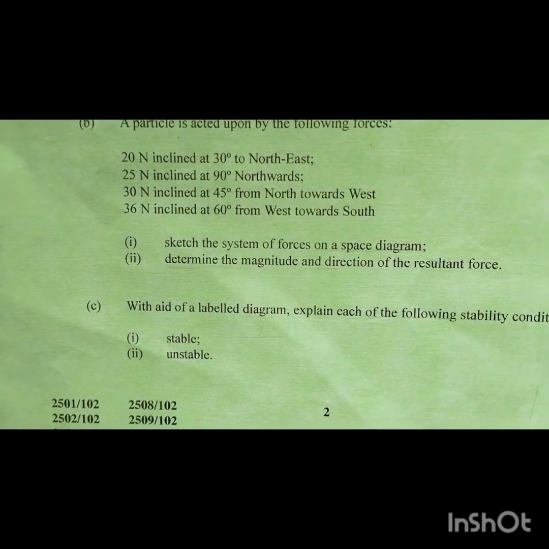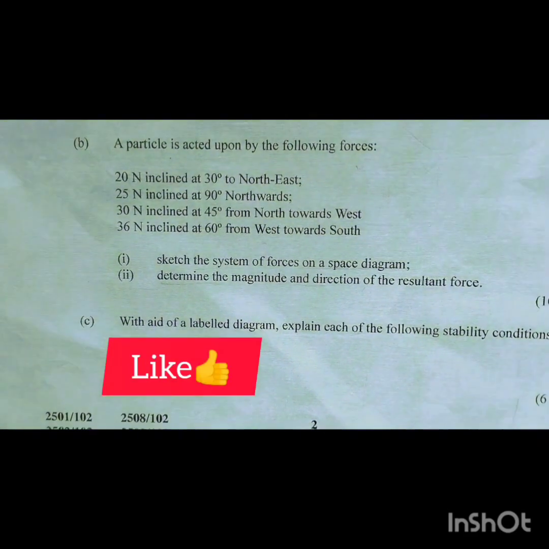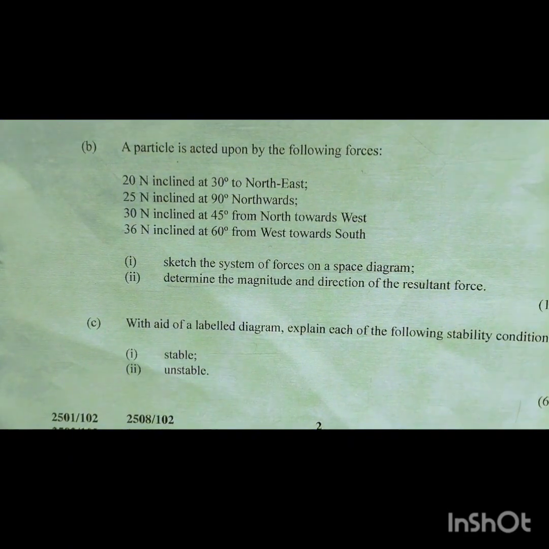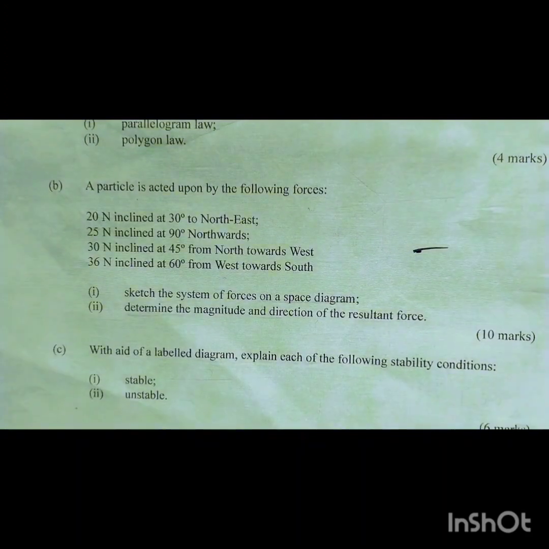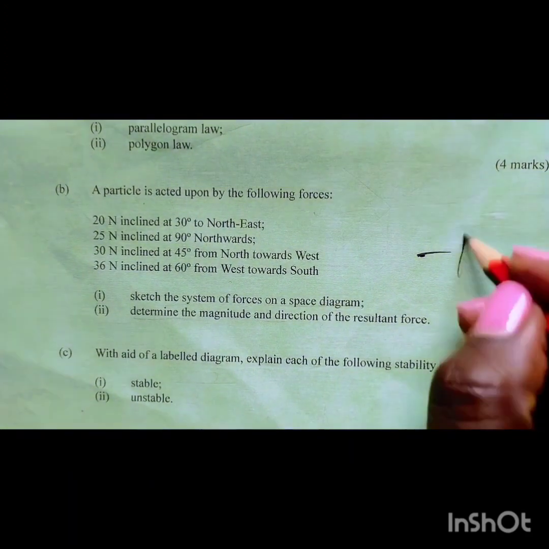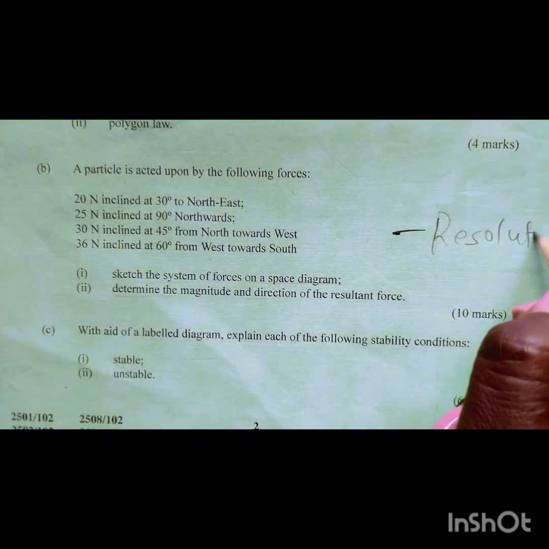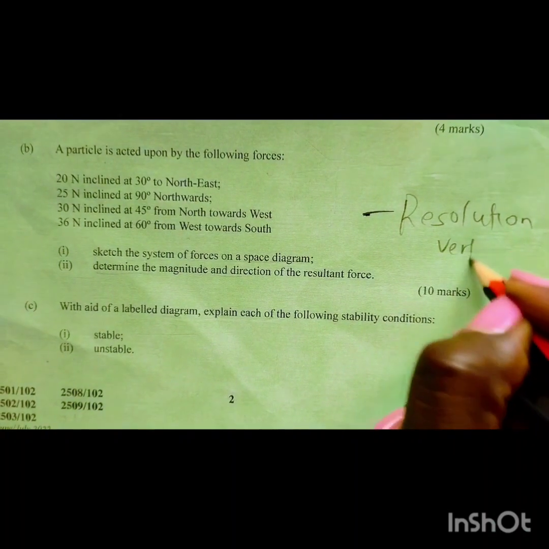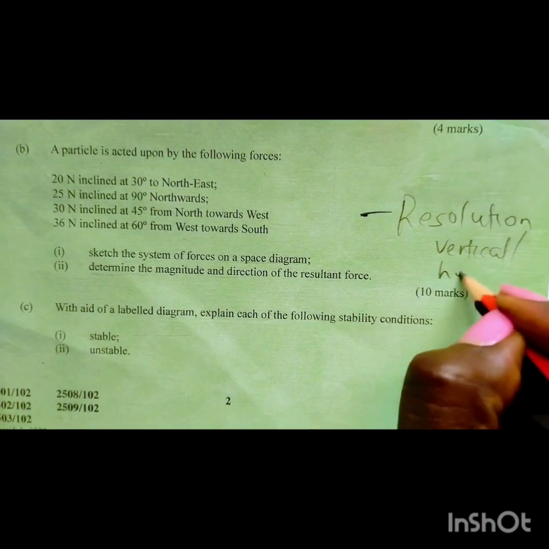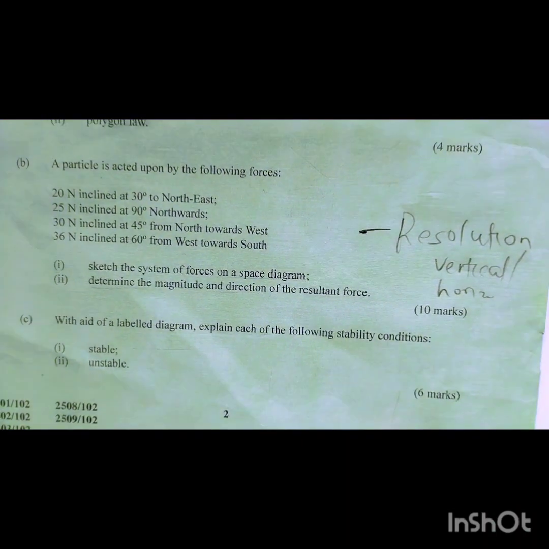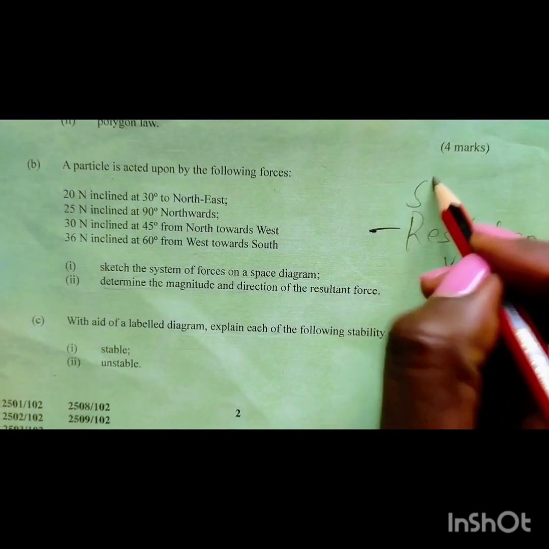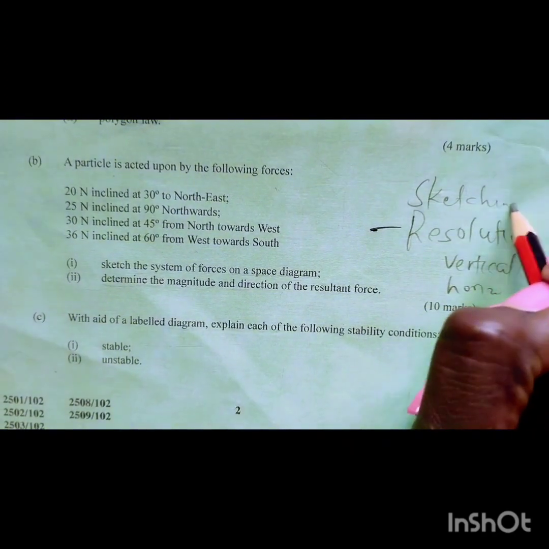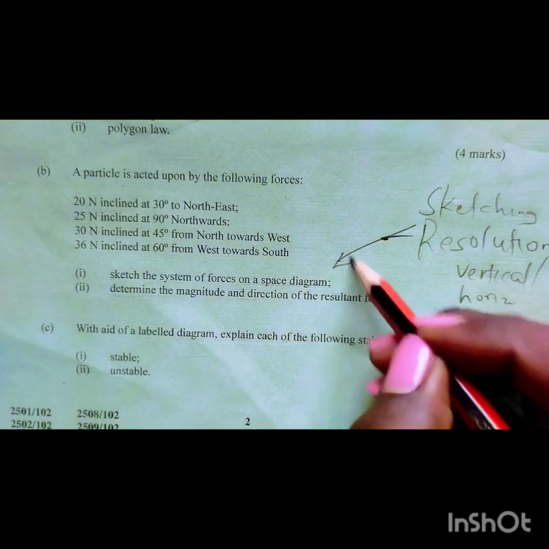of the resultant force. So in such a question, we can do it in two ways. That is by resolution, either to vertical or horizontal components, after sketching it, after drawing that sketch, that is the space diagram.